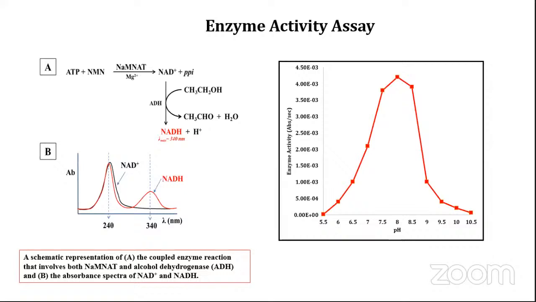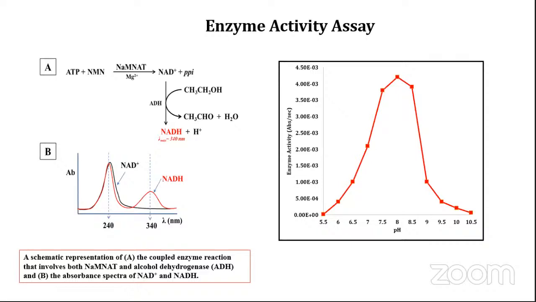So I further went to confirm if the enzyme is active by carrying out a dual enzyme catalyzed reaction. Like I said from the introduction, NAMNAT is a dual substrate enzyme.